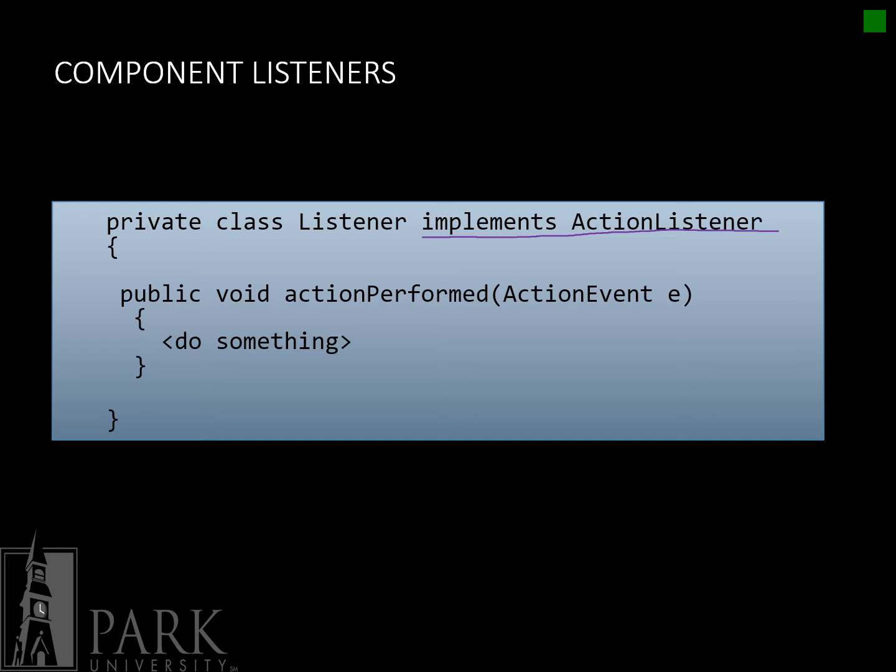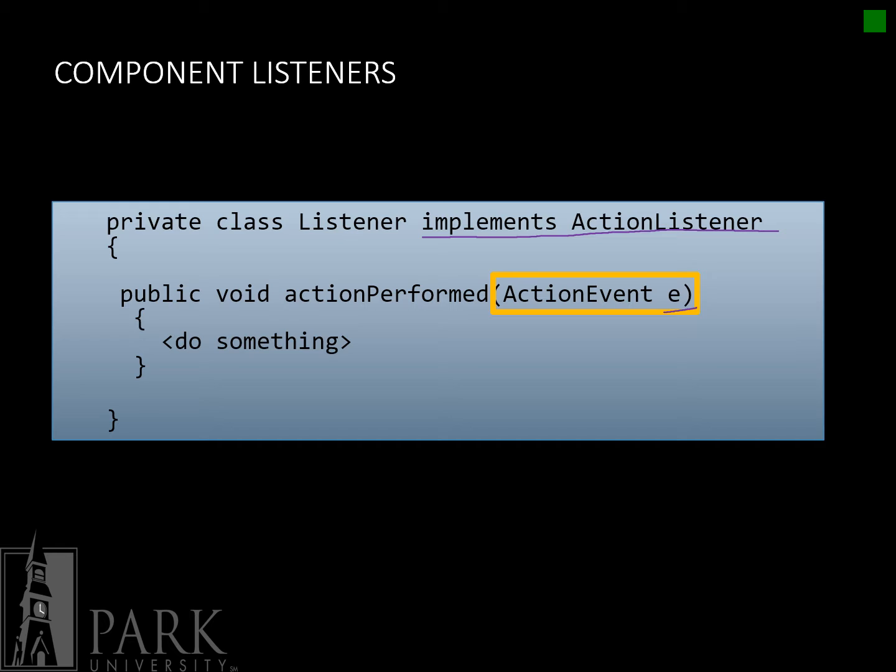Note that if the action event handler parameter, in this case E, is not used, you still need to define it. So why do you think that is? Well, because when a text box enter event occurs, the JVM looks for an action performed method with an action event parameter.